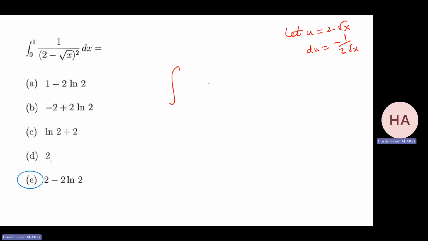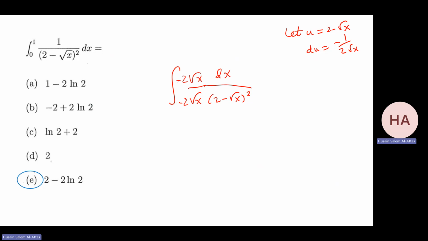So what I will do, I need minus 1 over 2 square root of x, so I multiply, the trick is that you can multiply by square root of x over square root of x. I need 2 and this is 2, and this is minus and this is minus. So multiplying by 1, don't forget the dx.